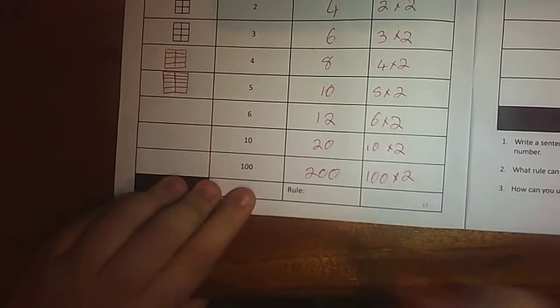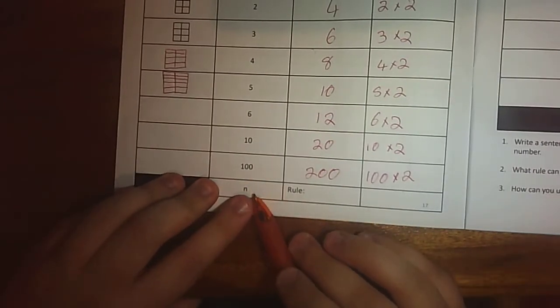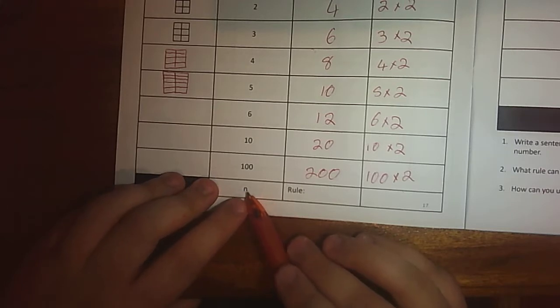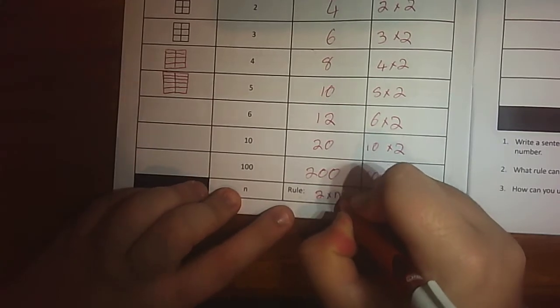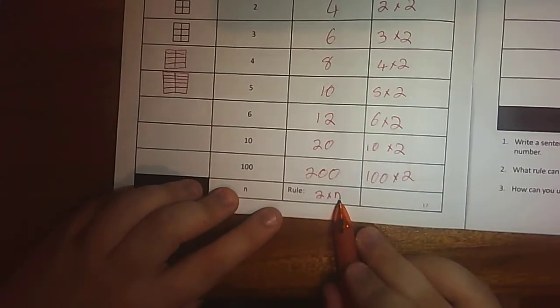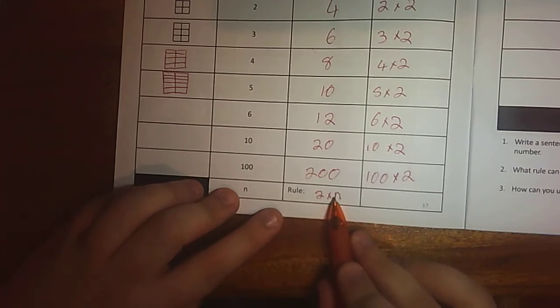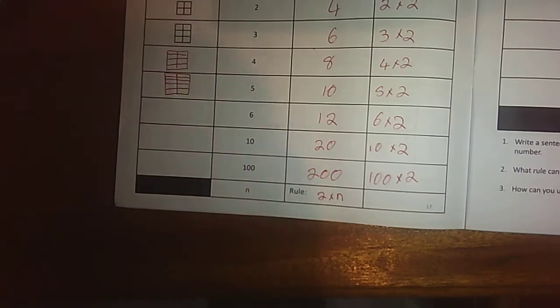I'm going to use a letter N to show what I needed to do to get the output. If I had N number of blocks, then my output would be 2 times whatever N is. So if N was 10, it would be 2 times 10. If N was 100, it would be 2 times 100. Okay, that's page 17 for us.